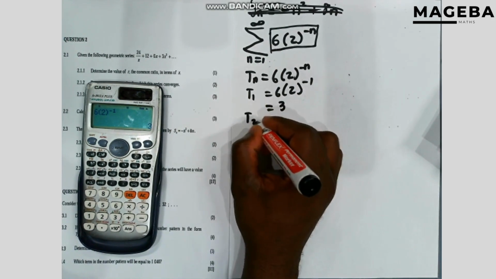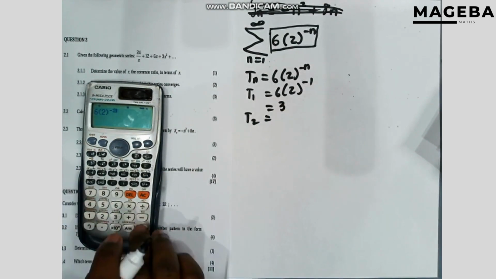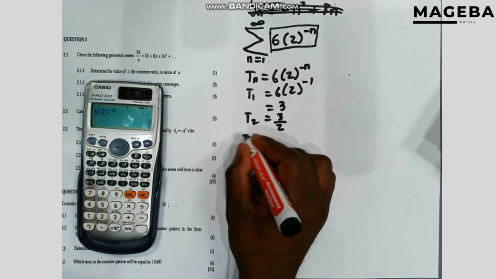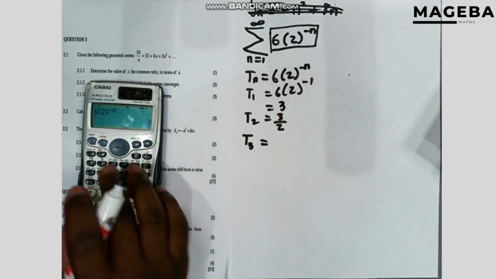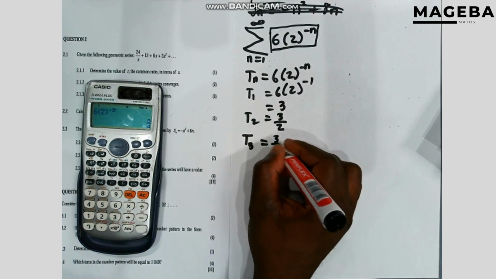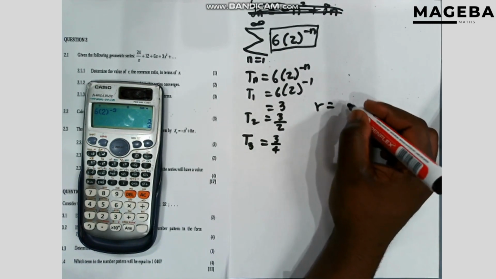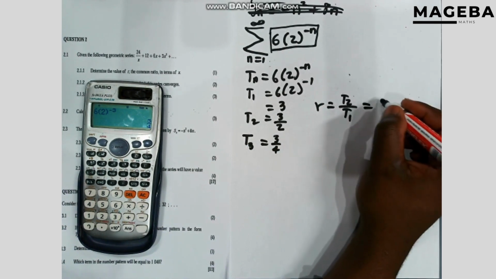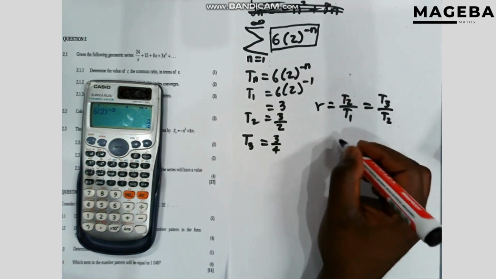Then T2, substituting 2 here, it's going to be 3 over 2, and then finding T3, substituting 3 here, it's going to be 3 over 4, and then now we're finding our r. It's going to be t2 over t1, and then t3 over t2.